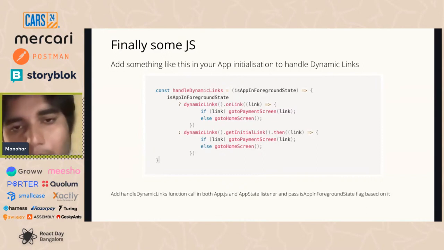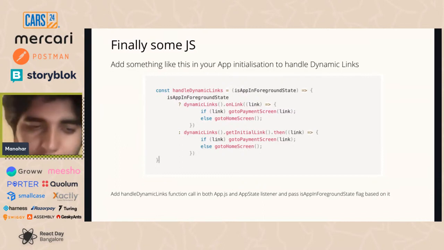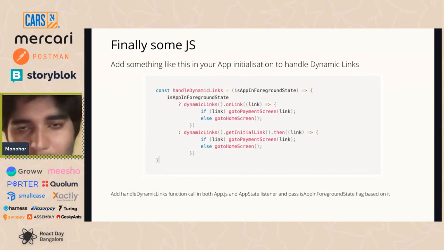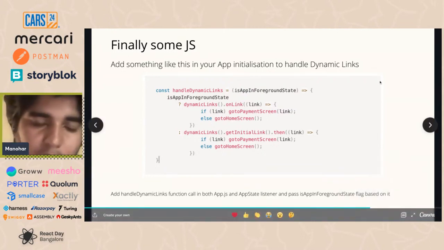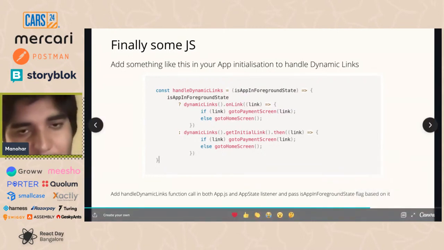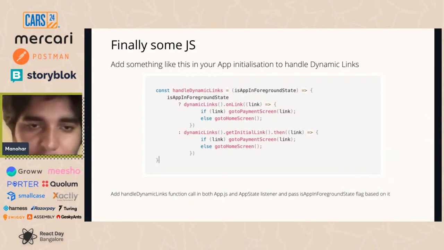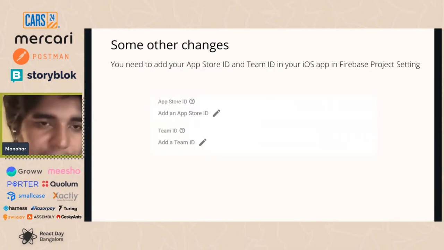In the other case, where the app is cold started from the dynamic link, it will give you the link using getInitialLink. You can differentiate the states this way: if the function is called in app.js, you can consider it the background state. Otherwise, if the function is called from the app state listener, then you can consider that the foreground state.